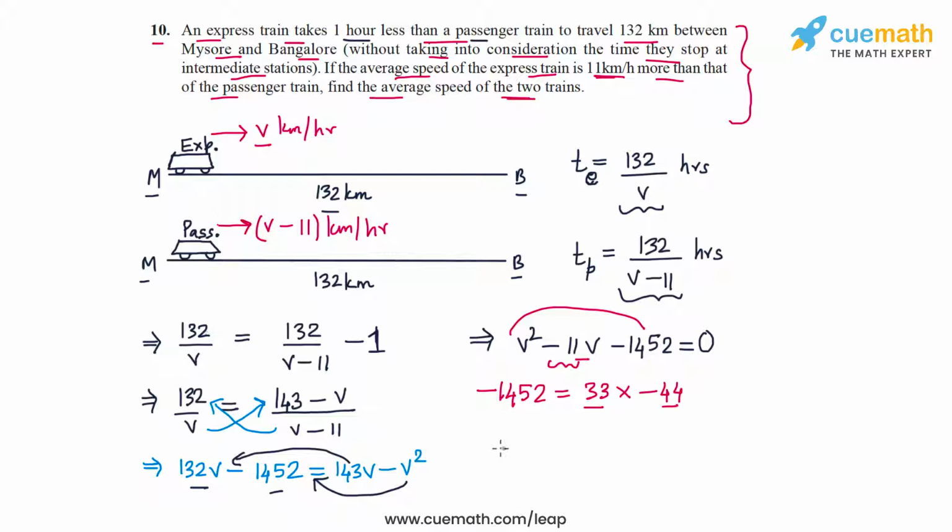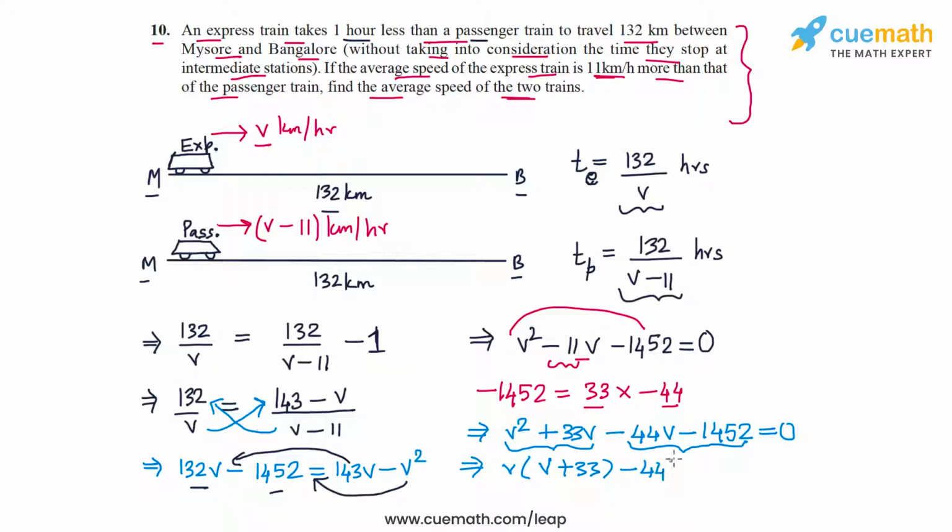So let's do that. So we will get v square, and then minus 11v becomes 33v minus 44v, and then minus 1452. This is equal to 0. So from the first pair of terms v square plus 33v, we can take out v common, so v times v plus 33. And then from the second pair of terms we can take out minus 44 common, so minus 44 times v plus 33.